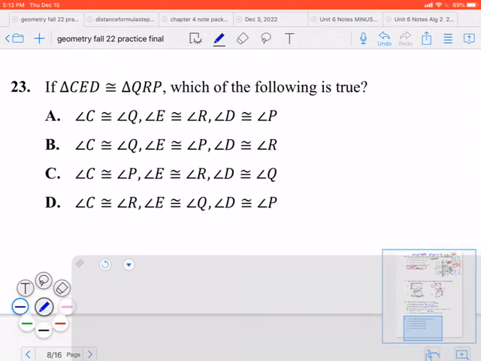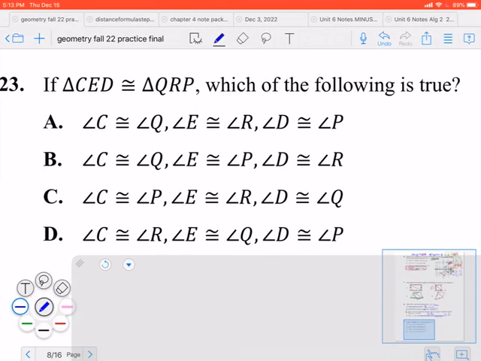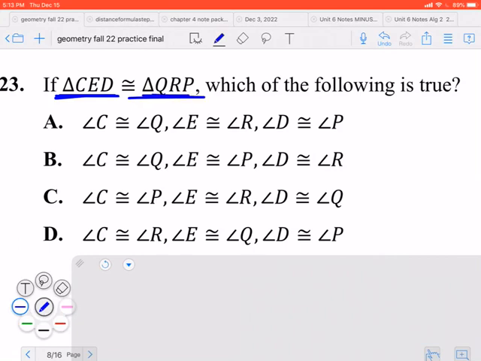Number 23. If triangle CED is congruent to triangle QRP, which of the following is true? The order that they say the letters in is very important.